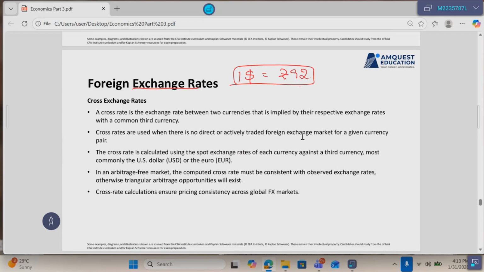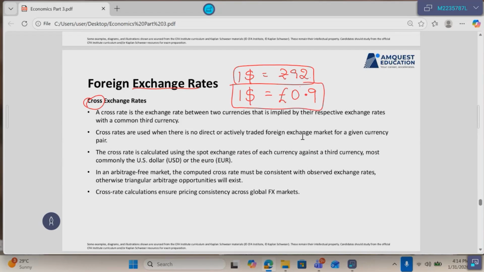Now, a cross rate is a rate where I use two different currencies to derive a third currency. For example, if I know that $1 is 92 rupees, and I also know that $1 is around 0.9 to the pound, because the pound is stronger, so $1 is only 0.9 to the pound.